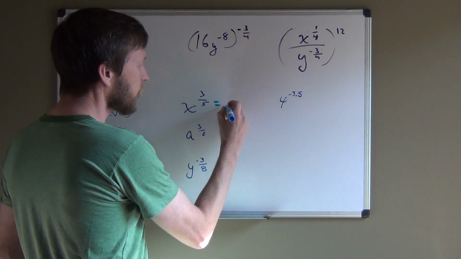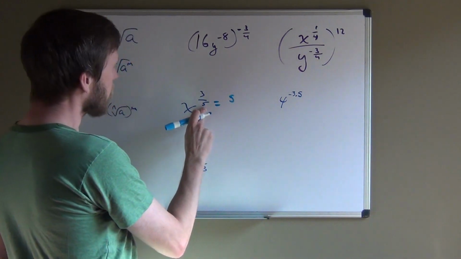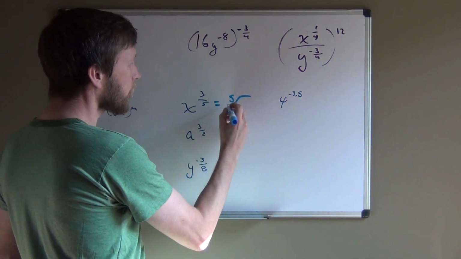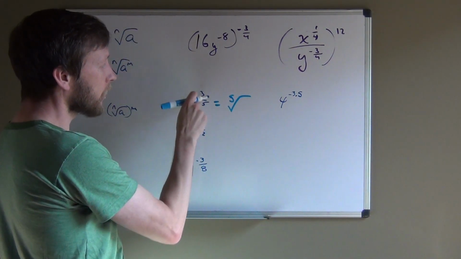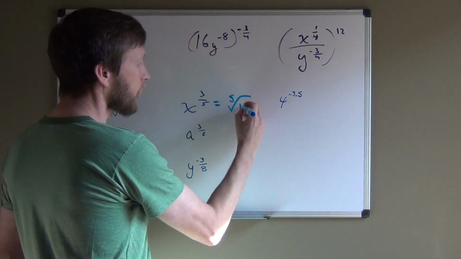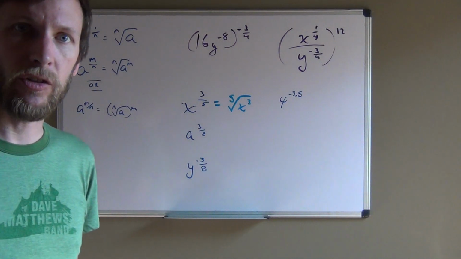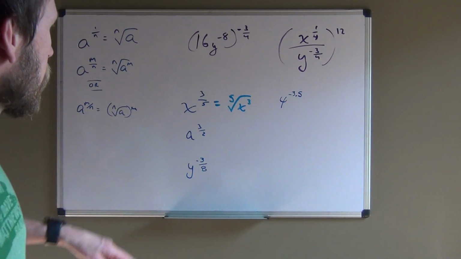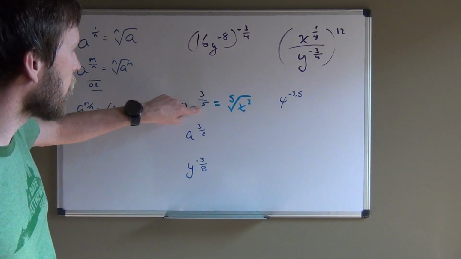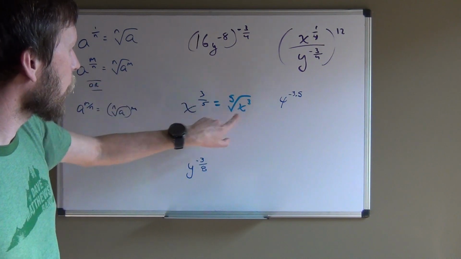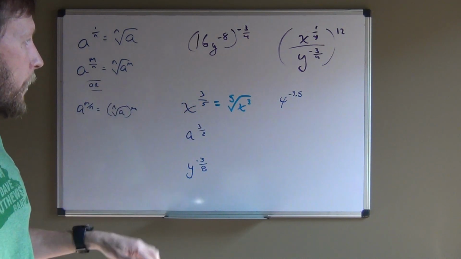Here, the fifth root is the denominator of our fractional exponent. The fifth root of x cubed is how we would write x to the 3/5 power. Again, the index is the denominator, and the numerator is the power of our base.